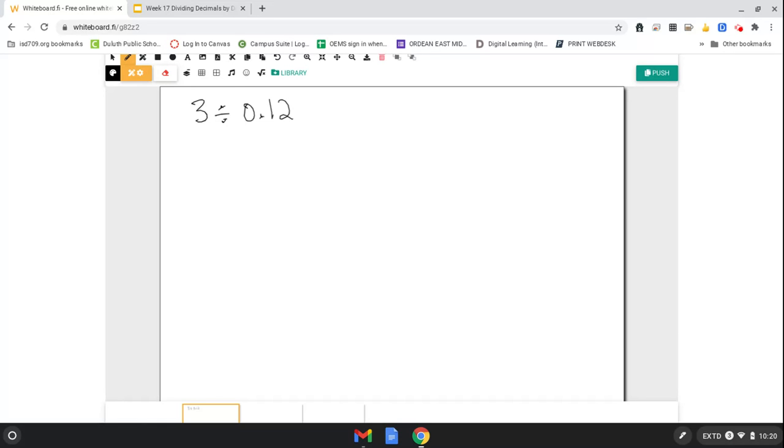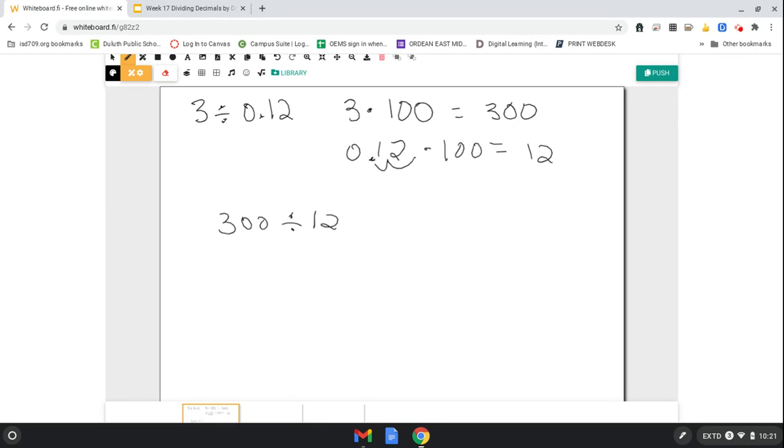So if we multiply 3 times 100, we get 300. And if we multiply 12 hundredths times 100, we move our decimal point 2 places to the right, and we get 12. So now our problem becomes 300 divided by 12.